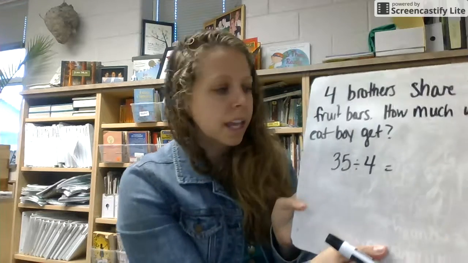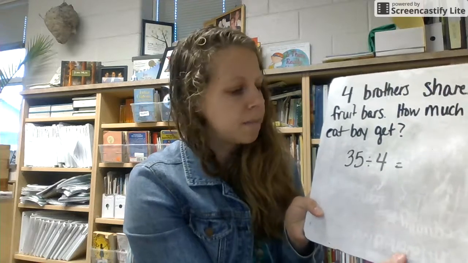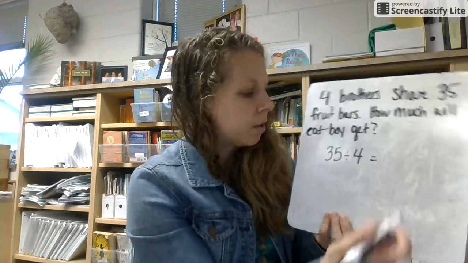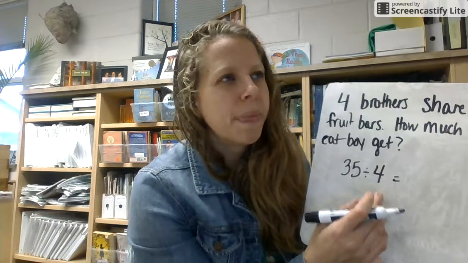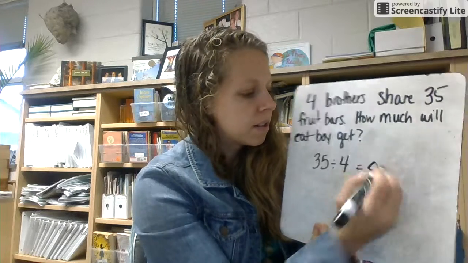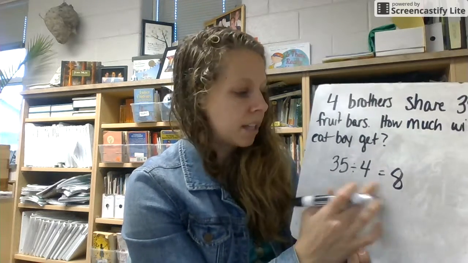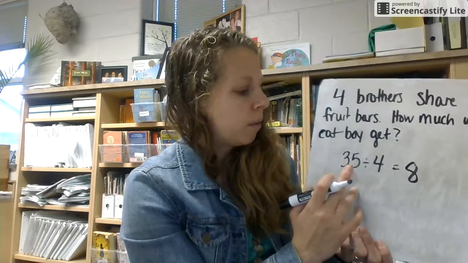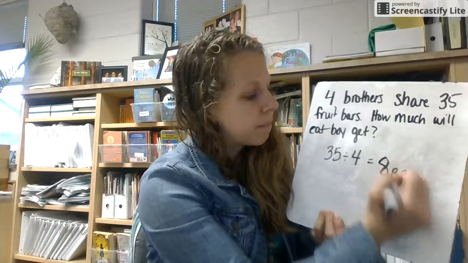Now, the closest I can get to 35 from 4, because I know my 4 times tables, would be 32. 4 goes into 32 8 times. So I know my answer is 8. I can get 8 evenly into 35. So 8 times 4 is 32. Well, I'm only at 32 and I want 35, so my remainder is 3.